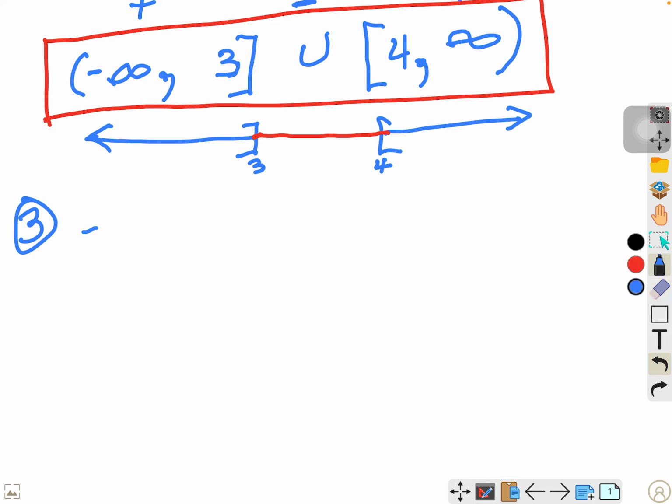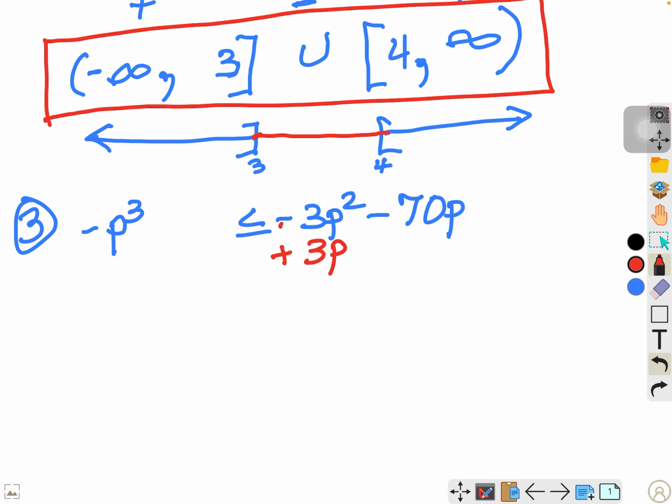So again, negative p cubed, I'm going to exaggerate the space here, is less than or equal to negative 3p squared minus 70p. And so if we're going to collect all of the terms to the left side of the inequality, then we need to get rid of those on the right. So the opposite of negative 3p squared, so we're going to add 3p squared to both sides.